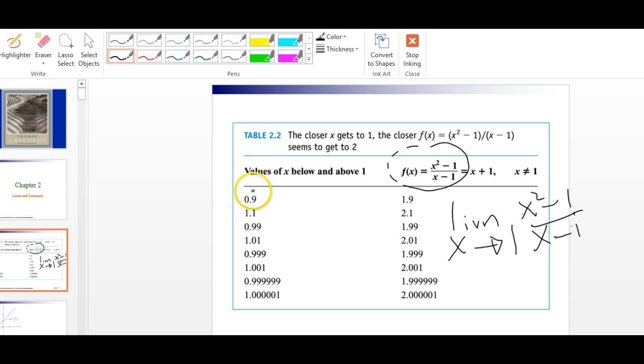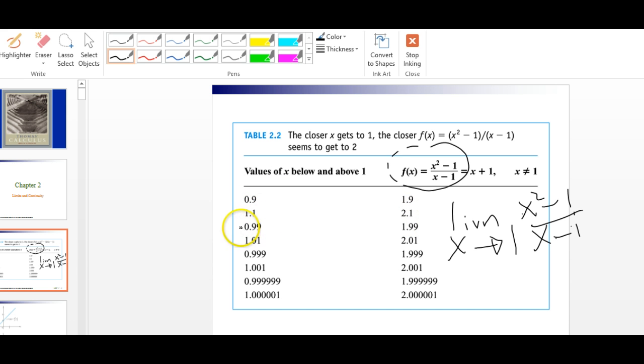Now look at this table. When you put 0.9 for x, if you use your calculator, you can show that the value of this function will be 1.9. On the other hand, if you put something slightly after 1, then you get 2.1.